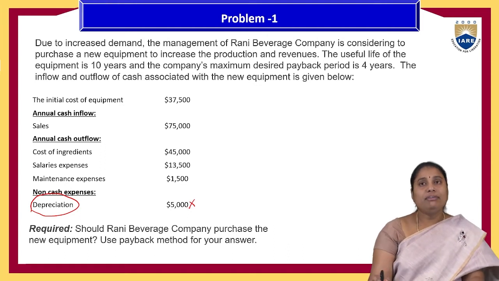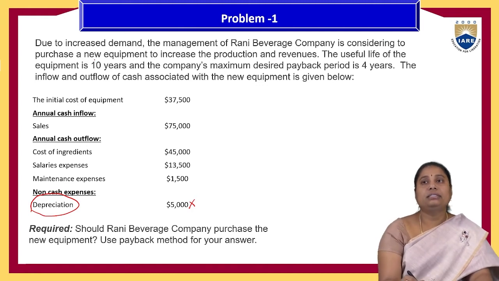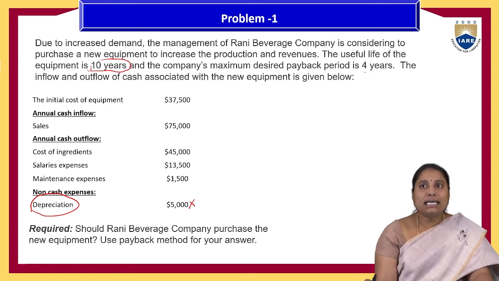Next thing is, if we go to the given data of this particular case, the useful life of this equipment is 10 years. They are expecting the life of that machinery to be 10 years, and their desired payback period is 4 years.